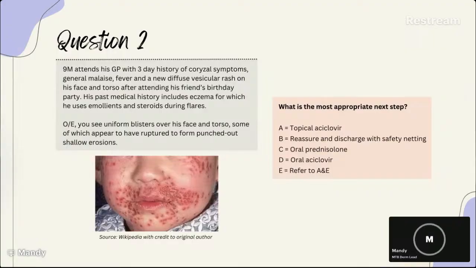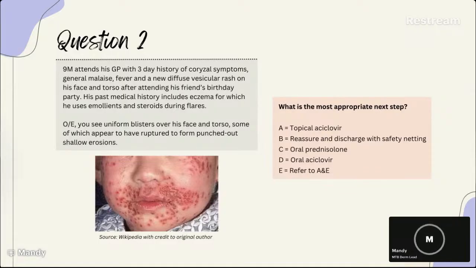So question 2. There's a 9-year-old boy that attends his GP with a 3-day history of coryzal symptoms, general malaise, fever, and a new diffuse vesicular rash on his face and torso after attending his friend's birthday party. His past medical history includes eczema, for which he uses emollients and steroids during flares. On examination, you can see uniform blisters over his face and torso, some of which appear to have ruptured to form punched-out shallow erosions.